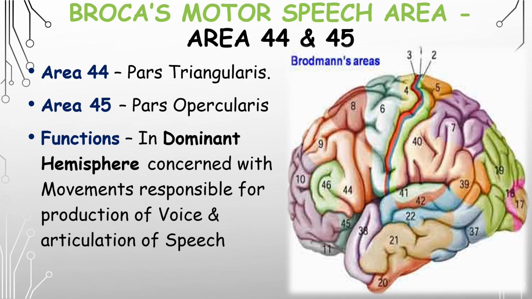The function is especially in the dominant hemisphere. We know that in a right-handed person, the left hemisphere is dominant. The dominant hemisphere is concerned with the movement of the structures responsible for the production of voice and also articulation, which is important for speech, right?